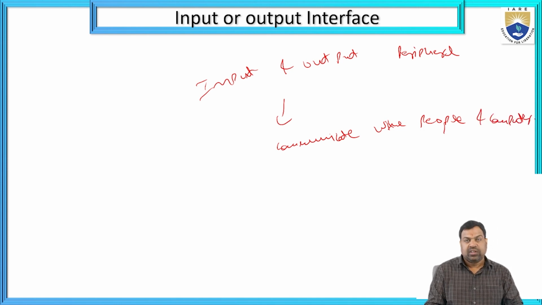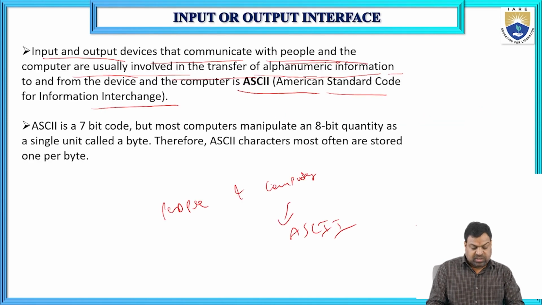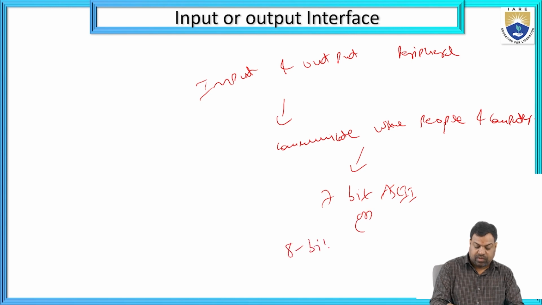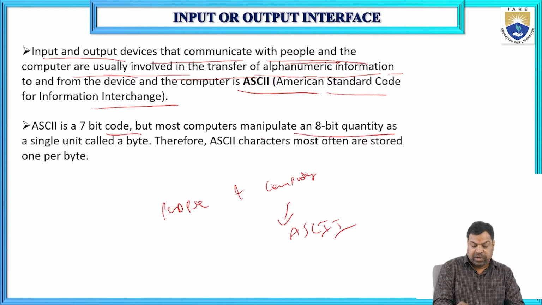This is what we are defining as a 7-bit code, and we are taking it as manipulating an 8-bit quantity as a single unit called a byte.